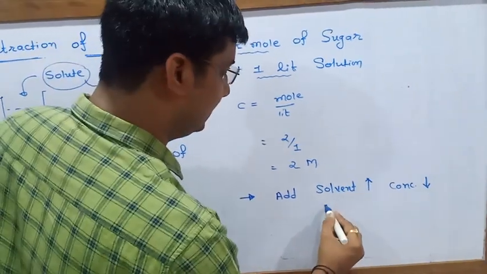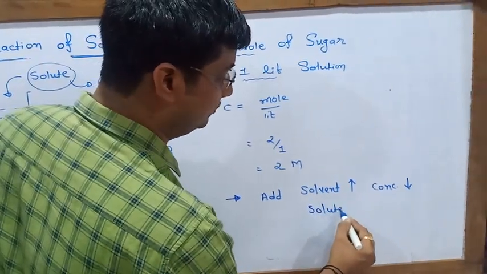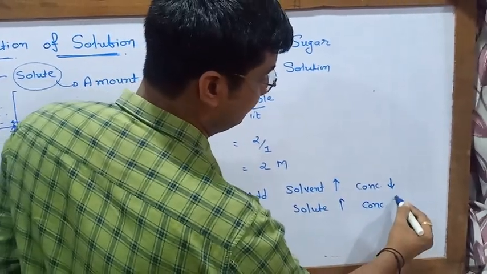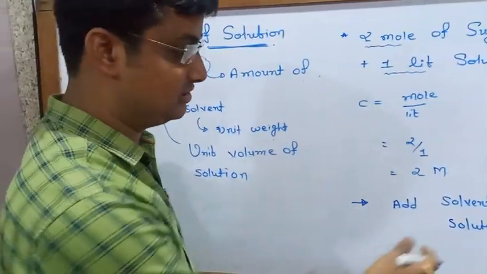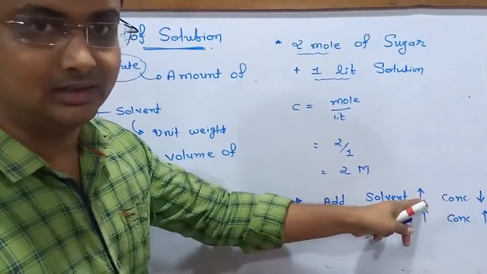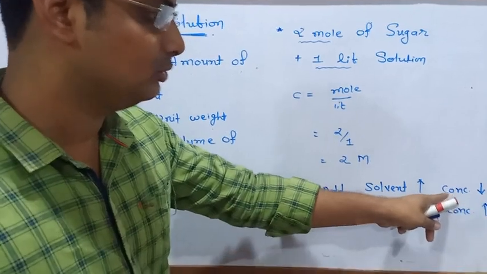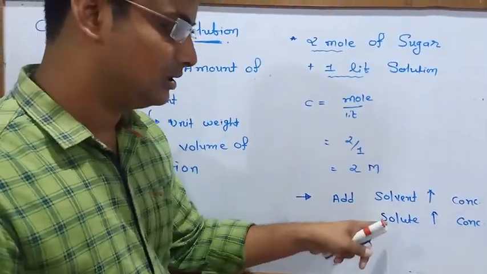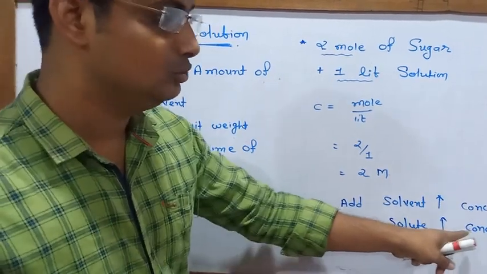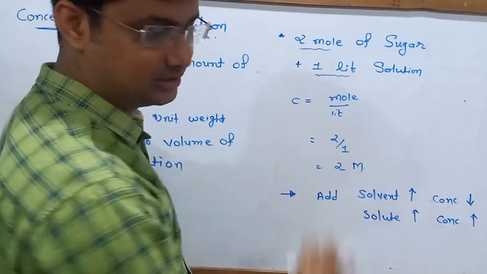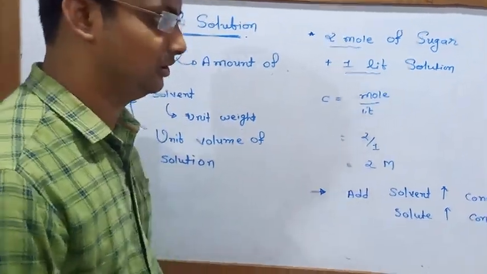And if you add solute, then you are increasing concentration. This is the most important point for you. So if you add solvent, यानी पानी ऐड कर रहे हो, अगर aqueous solution है तो concentration decrease होगी यानी dilute होगा, और अगर आप solute ऐड कर रहे हो तो you are concentrating it. So ये dilution process हो गई, ये concentrating process हो गई.